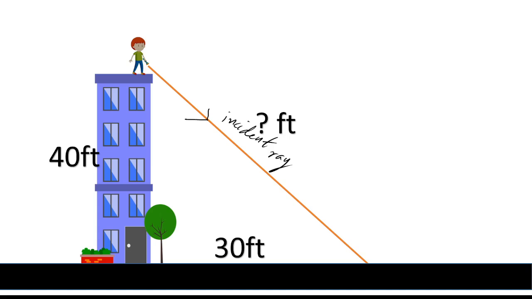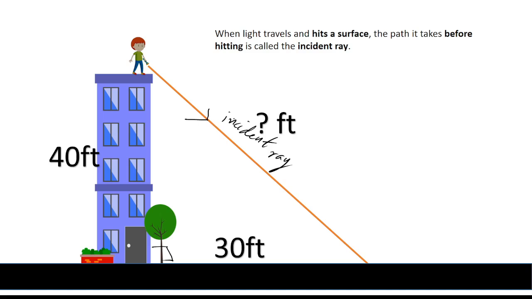So the figure here is forming a right angle triangle. Whenever we see a right angle triangle, we will apply Pythagoras theorem to find out any of the sides. Before finding that, we will learn the definition of the incident ray.